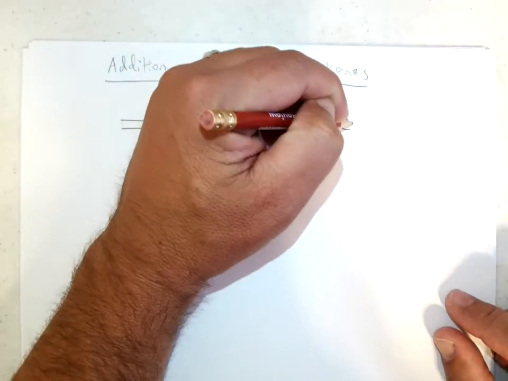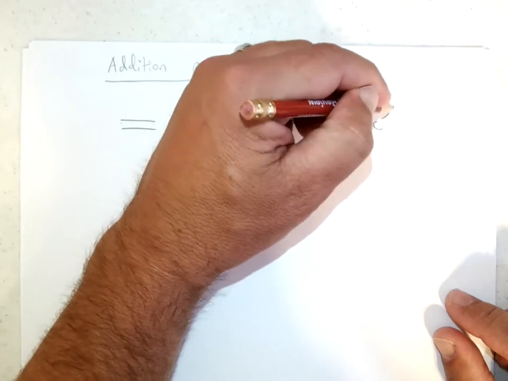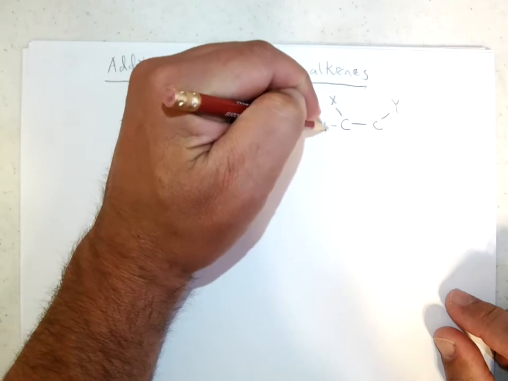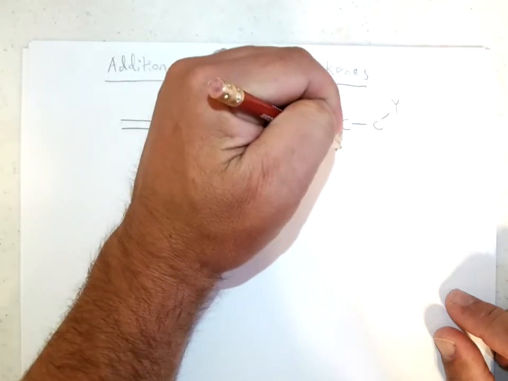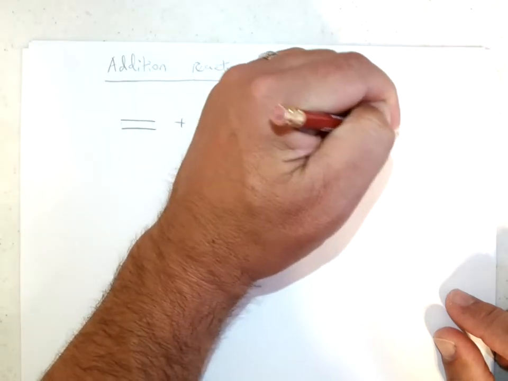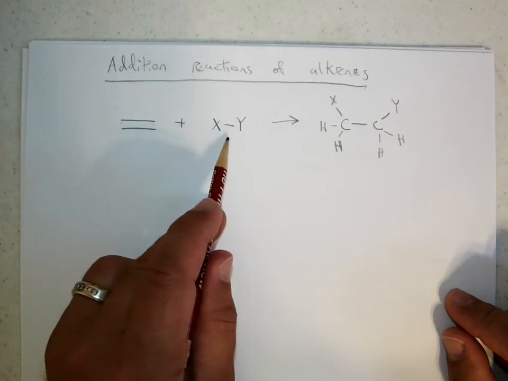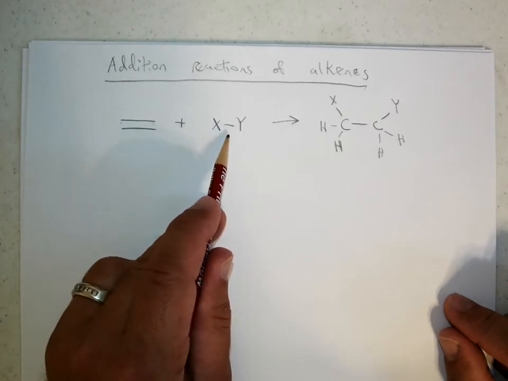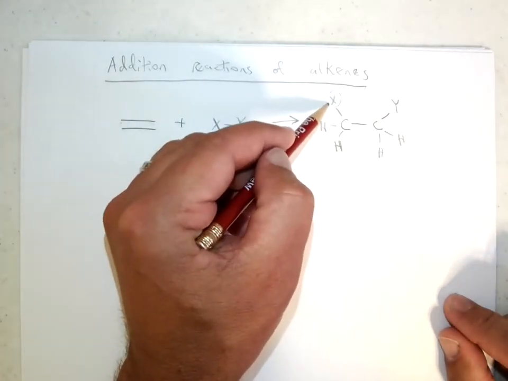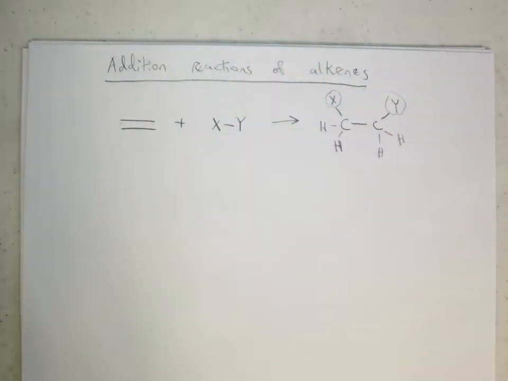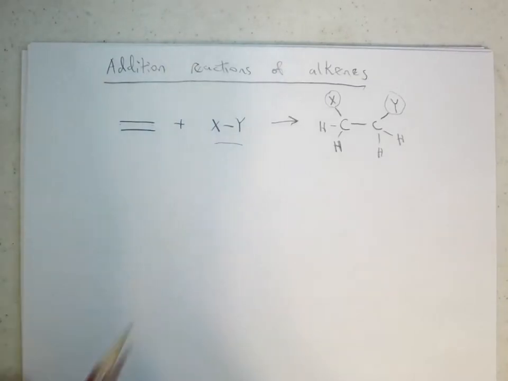So switch it up to more of a Lewis structure here. So you have ethylene plus an incoming molecule, and it does an addition to add the one half to one carbon, the other half to the other carbon. And depending on what the identity of this molecule is, you get all kinds of different products.